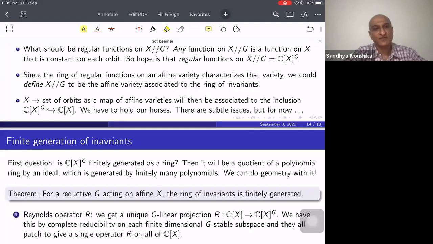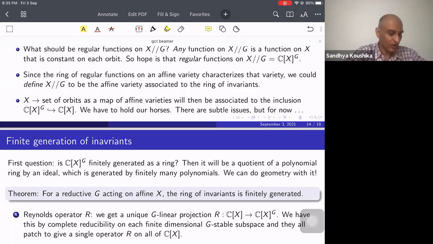That's just another way of saying that given a representation V and a sub-representation W, I have a G-invariant projection from V to W. Right? So I will be able to create a G-linear projection like this, not yet from the entire coordinate ring to invariants, but from a finite dimensional piece to the part that is invariant in that.